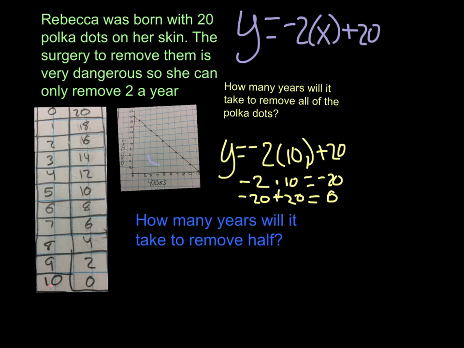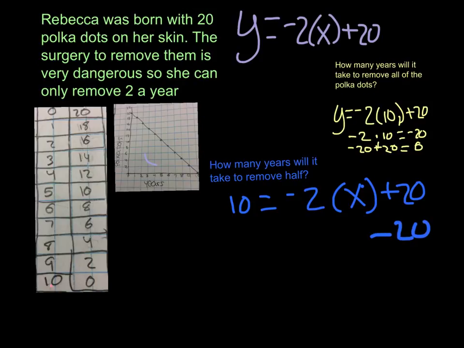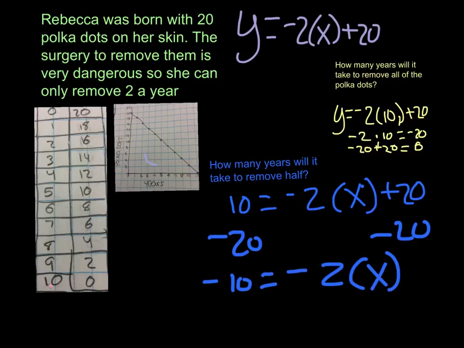Our next question is, how many years will it take to remove half of the polka dots? Half of 20 would be 10, so we want to plug in 10 for y. You subtract 20 from this side, so it evens out. 10 minus 20 equals negative 10, so now you have negative 10 equals negative 2 times x.